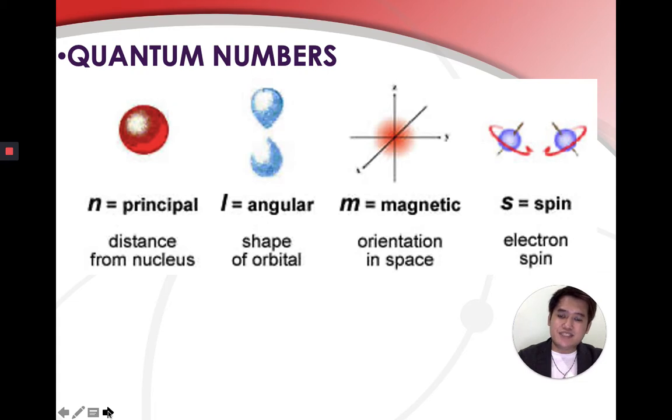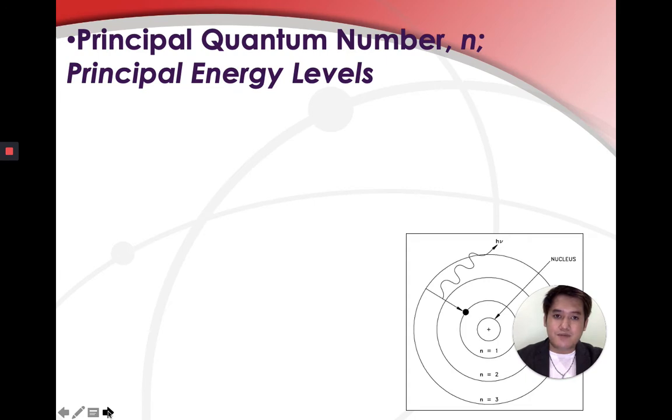First is the principal quantum number, N, which gives us the distance of the electron from the nucleus. Then L, the angular or azimuthal quantum number, gives us the shape of the orbital. M stands for magnetic, which tells us the orientation in space, and S is for spin. We'll be dealing with them one by one.